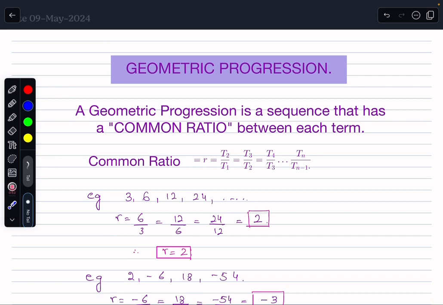So it's the ratio between the last term and the term before the last term. This common ratio has to be a constant value for the geometric progression.